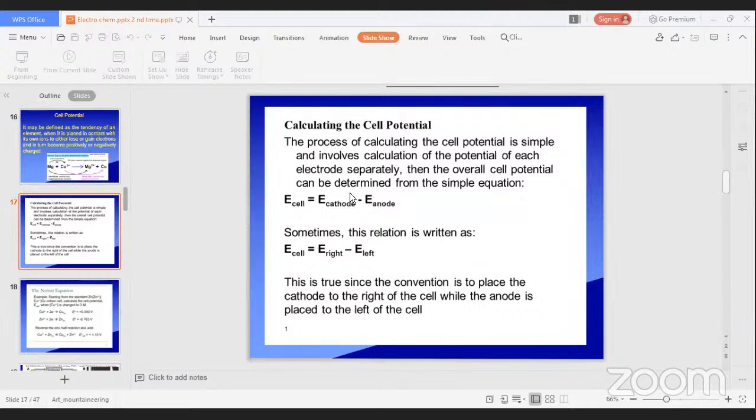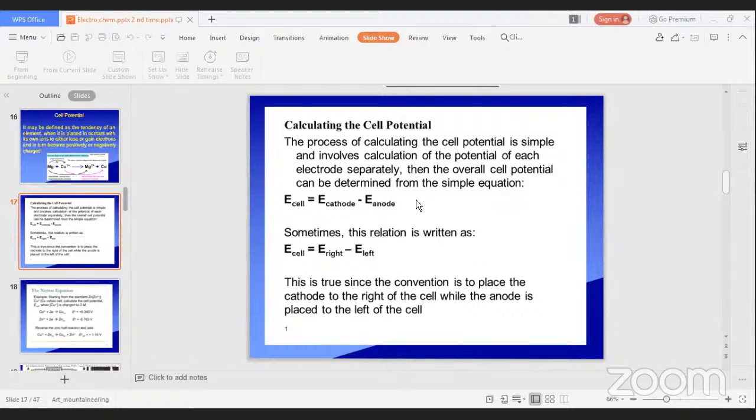If I take E cathode as a standard reduction value, then another value is generated. I substitute here 0 minus some x, so E cell becomes minus x. If I take a copper electrode in copper sulfate connected to the hydrogen electrode, I am calculating the cell potential of the copper electrode.